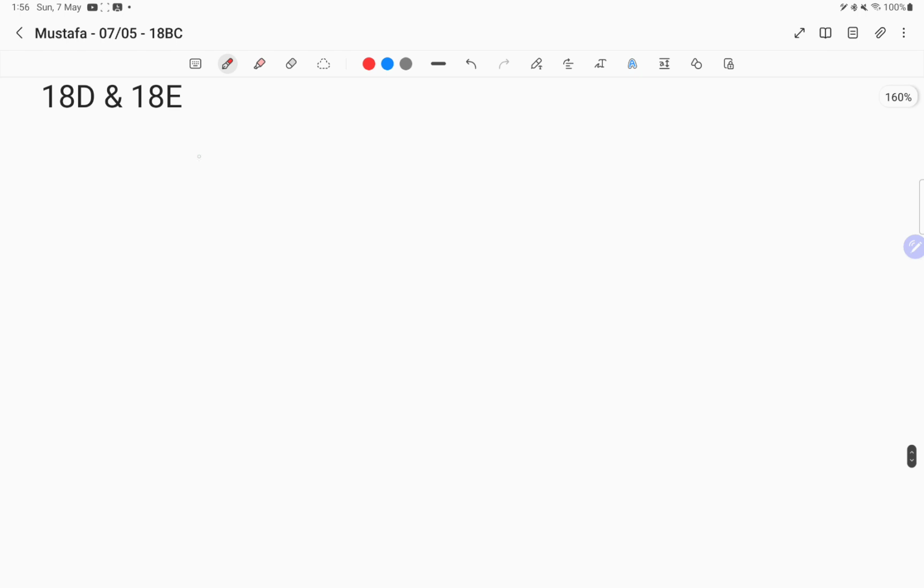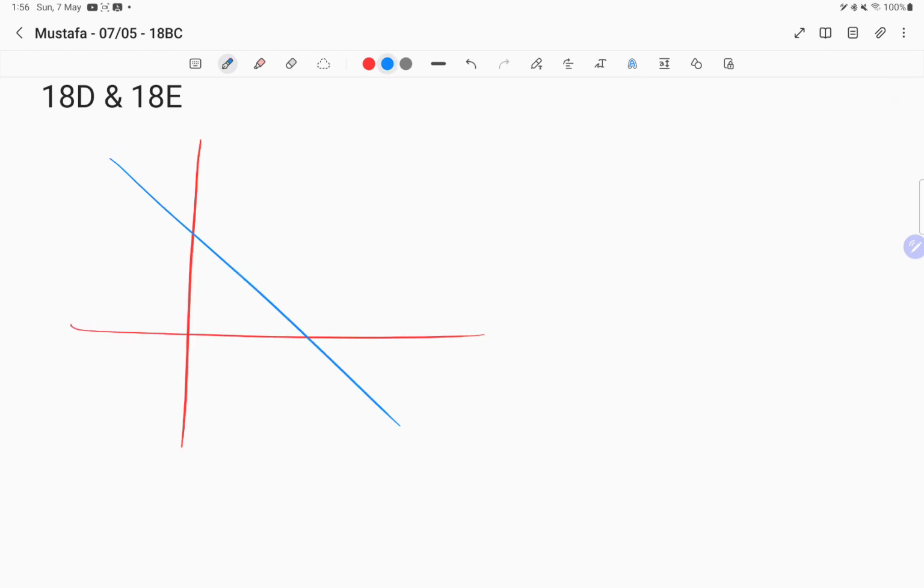So when you have a line, like say that line there, the y-intercept is the point that it cuts through the y-axis. Like this point here. So this is the y-intercept. What are the coordinates of this point?